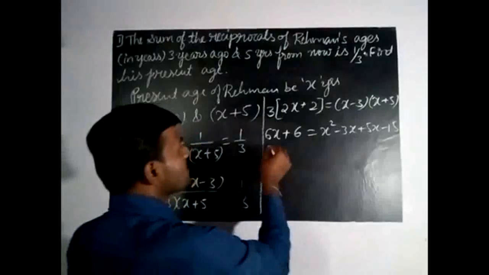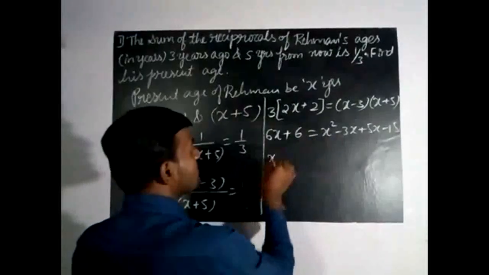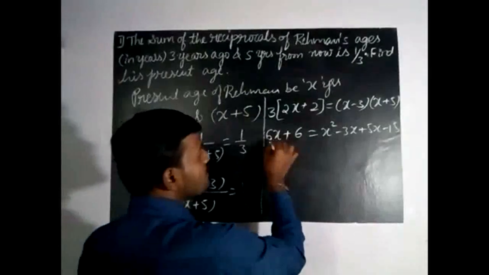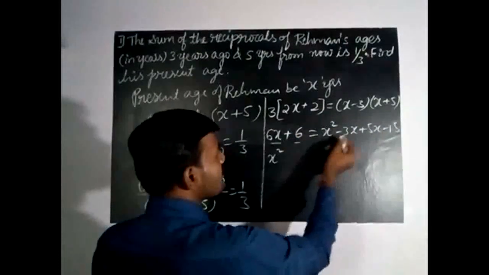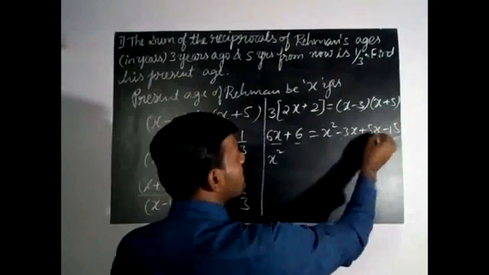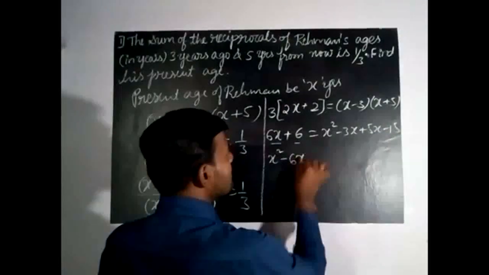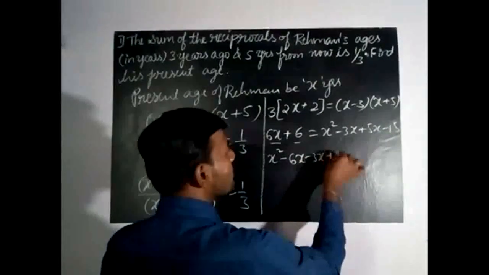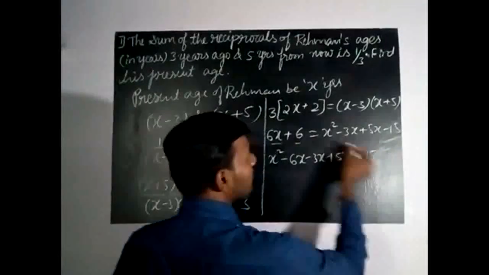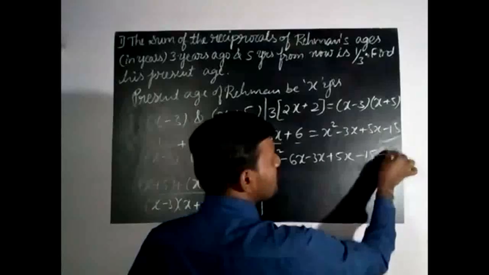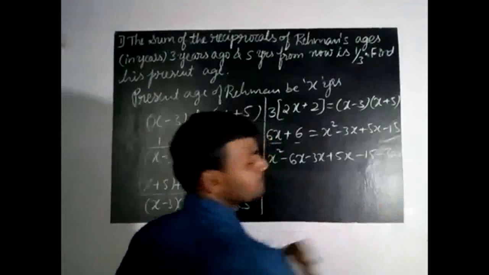So x square as it is, then 6x minus 6 goes to the right side, it becomes minus 6x minus 3x plus 5x minus 15, and 6 comes to the left side, it becomes minus 6, which is equal to 0.